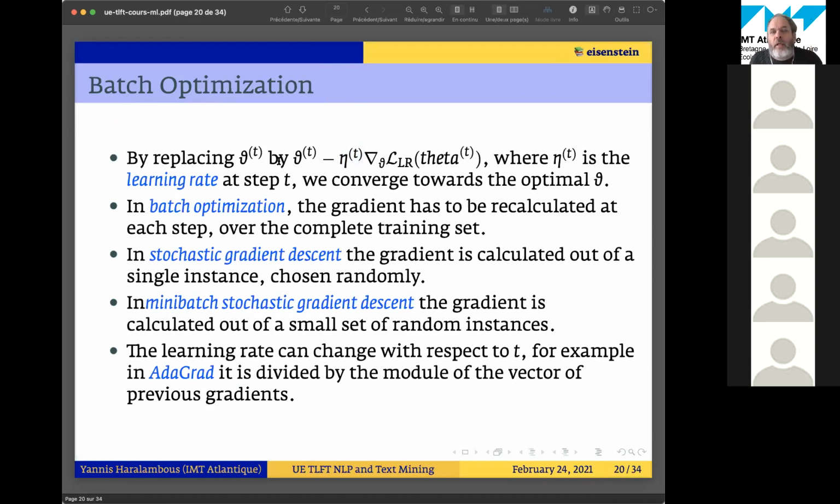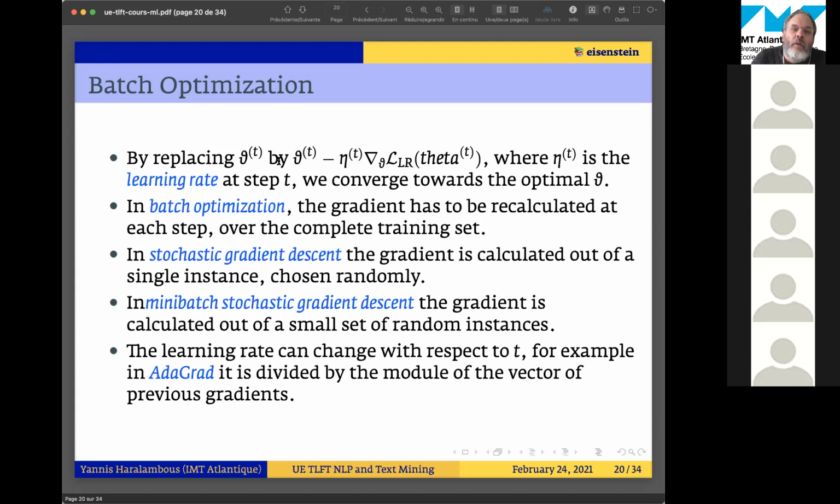If the learning rate is too high, then I may go too far. If the learning rate is too low, then it will take me many steps to get where I want. So learning rate is a parameter you can play with. It's called a hyperparameter.